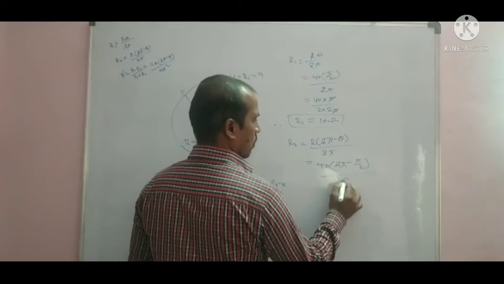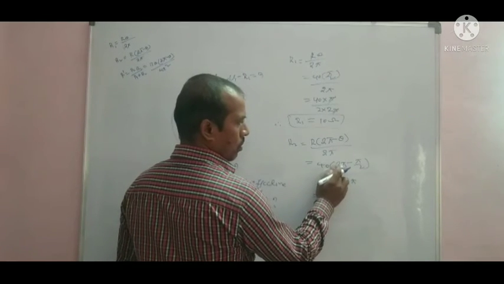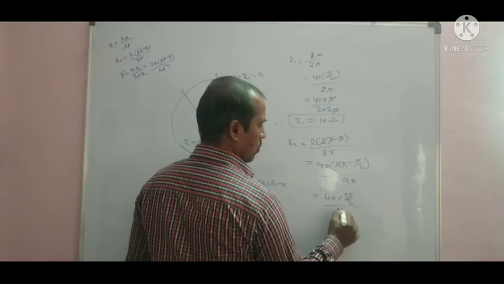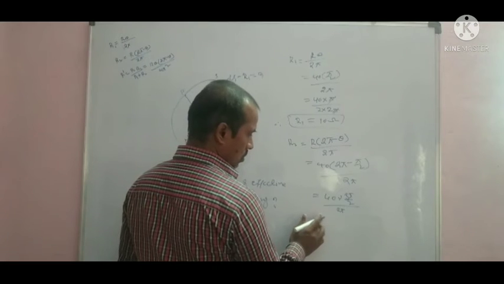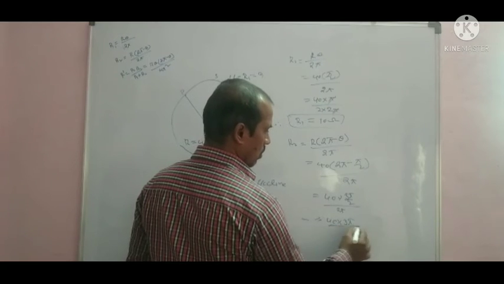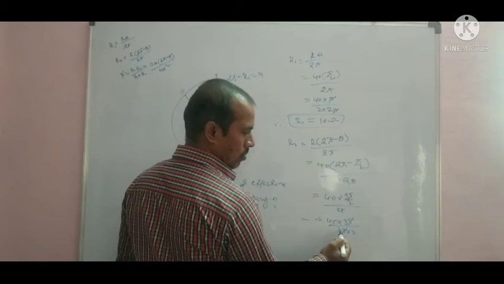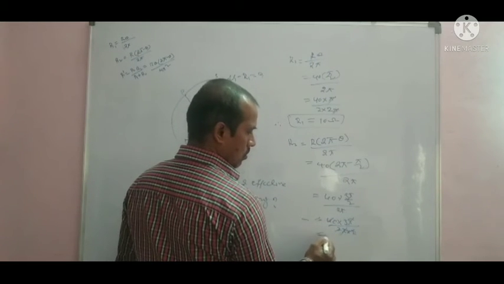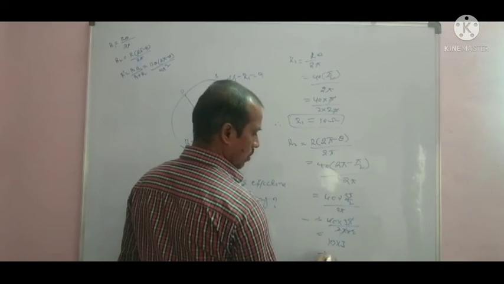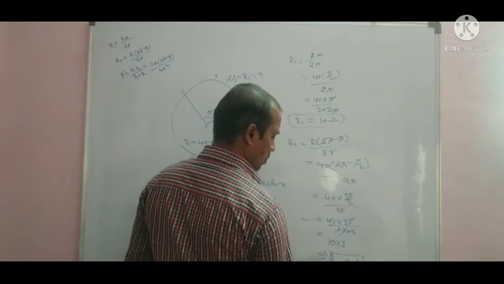This is 3 pi by 2, divided by 2 pi. Simplifies: 40 into 3 pi by 2, by 2 pi into 2. The pi's cancel, 2 and 2 make 4, 4 and 4 cancel. 10 into the remaining 3 simplifies: R2 is equal to 30 ohm.